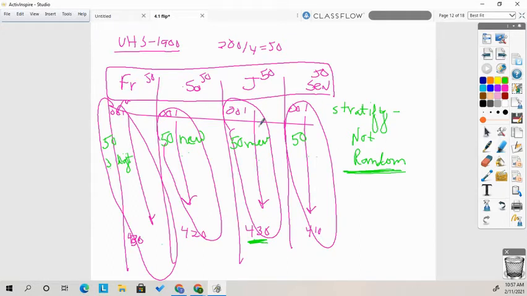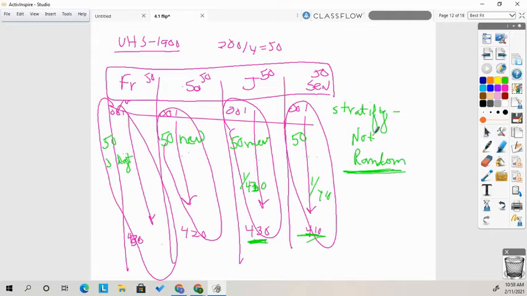Since juniors have 430, they have less of a chance than seniors who only have 410. So if you're a senior, you have a 1 in 410 chance of being selected, approximately. Then here, juniors, you have a 1 in 430 chance of being selected. You have less of a chance of being selected. So stratifying by definition is not random.